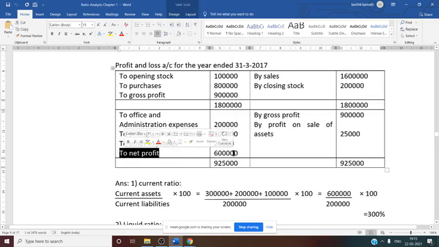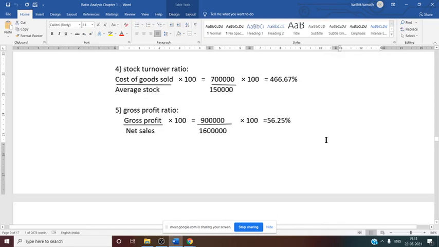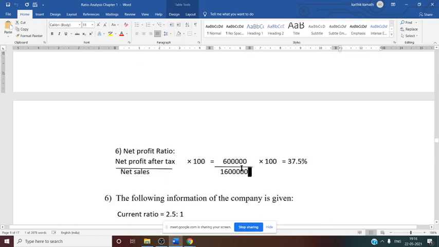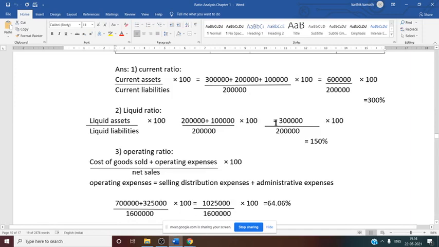It is after tax, nothing is given, so we'll assume that it is after tax. 6 lakh divided by sales, 16 lakh, into 100. The answer is 37.5%. In terms of ratio, 0.37:1. So this is how you are going to calculate this 12 mark problem.